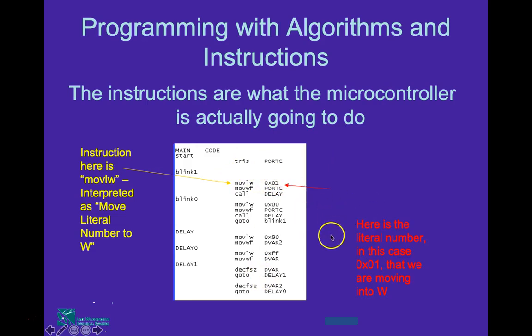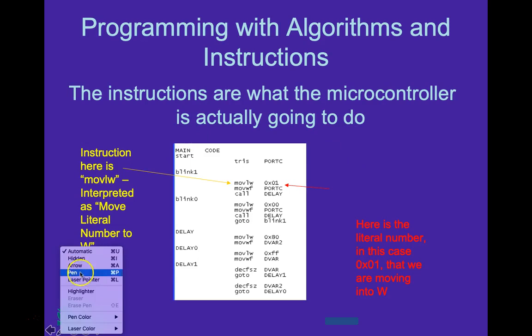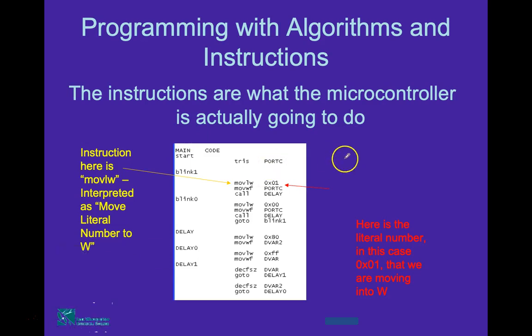So this is your literal number, as I said, 0x01. What does this 01 represent? Let me use the pen. This 0 represents 0, 0, 0, 0, 0, 0, 0, 1. This is what it represents.